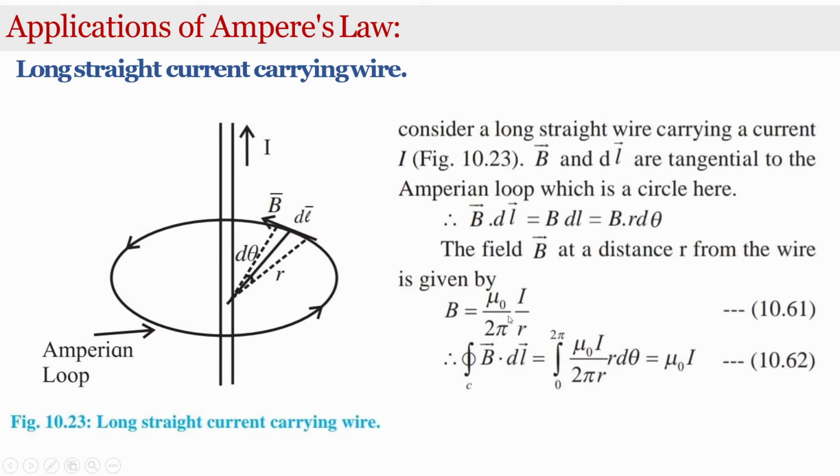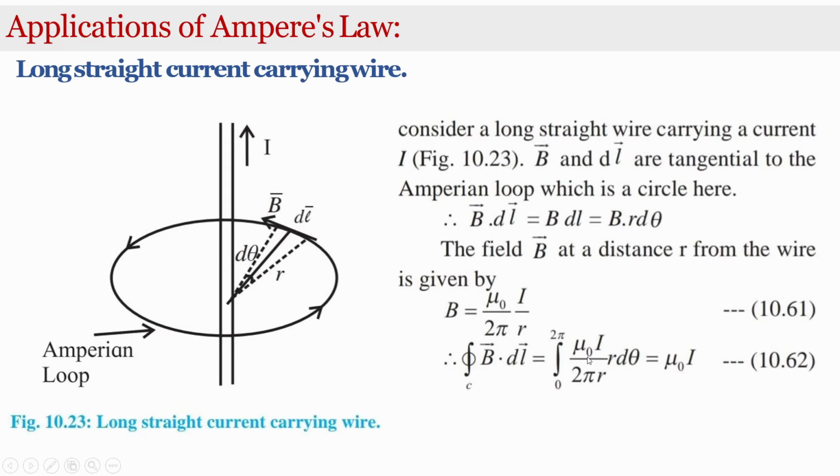We can substitute the value of B in that equation and take the line integral of vector B dot vector dl. We take this integration from 0 to 2 pi because this is a circular loop. For one complete loop the angle is 2 pi, so the integration goes from 0 to 2 pi.